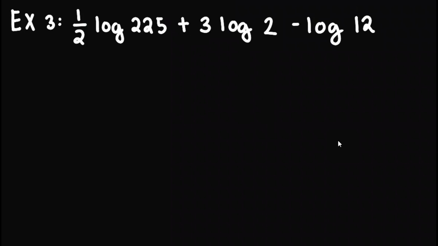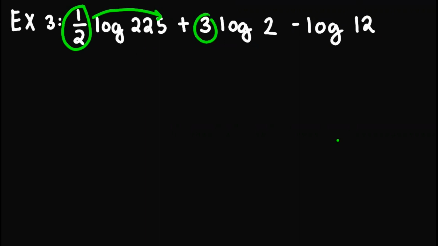So there. Let's have this one last example. We've got 1/2 logarithm of 225 plus 3 logarithm of 2 minus the logarithm of 12. So how do we solve this? Similar to the second example, we start by moving this one to the exponents of the number inside the logarithm.